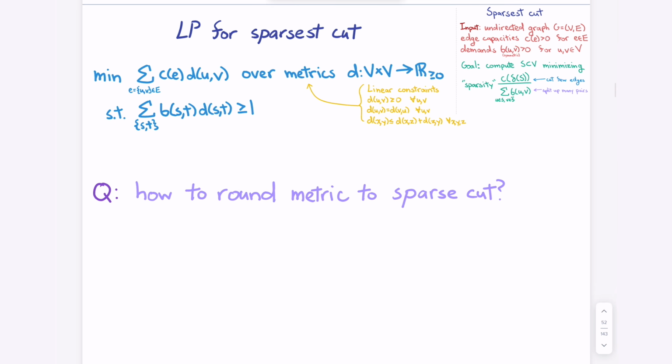All right. Next question is, how do we round it? I can solve this LP, and it'll give me some metric satisfying these constraints. But now I want to actually take that metric and turn it into a discrete set of edges. Make sense?